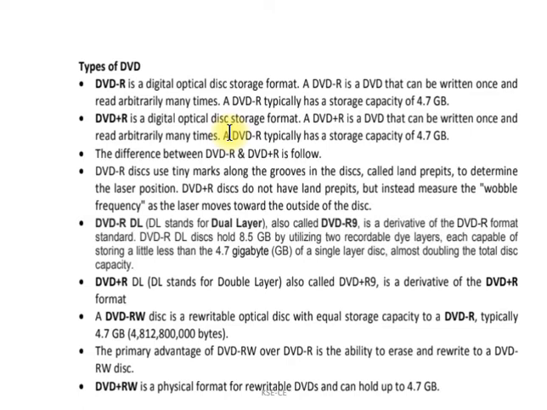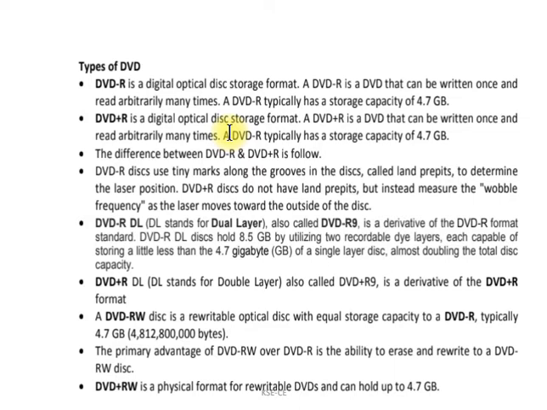It means suppose you use a DVD-R for storing a movie, right? Whenever you write a movie on that DVD, you write one time, but you can play and show it multiple times. In the DVD read and write, R and W, you can read the data multiple times and you can write data multiple times.